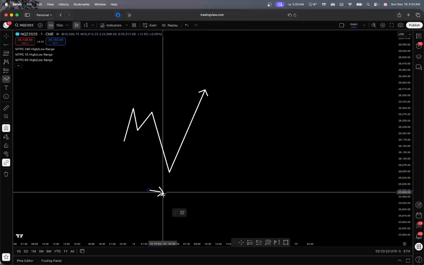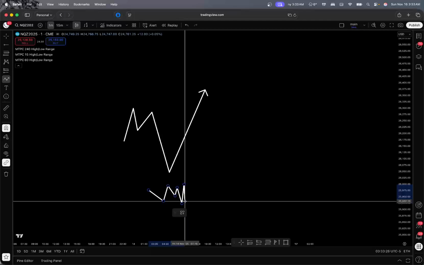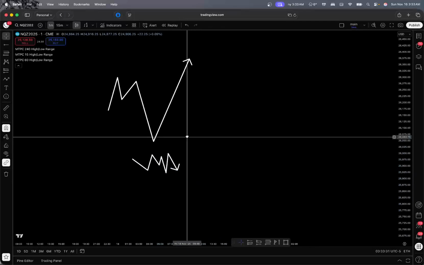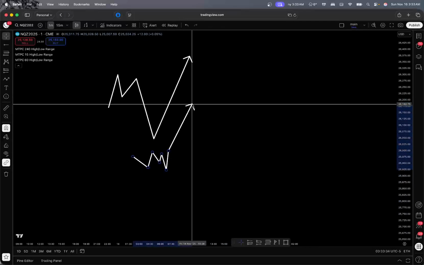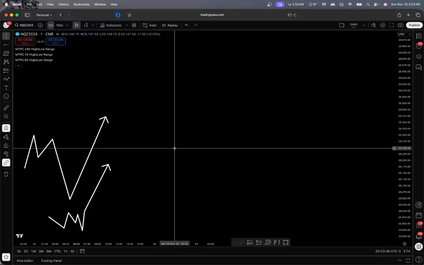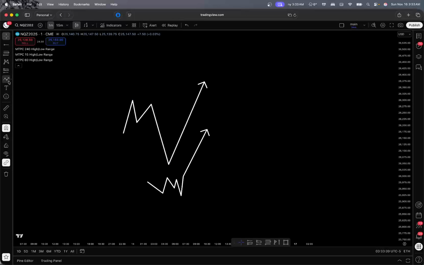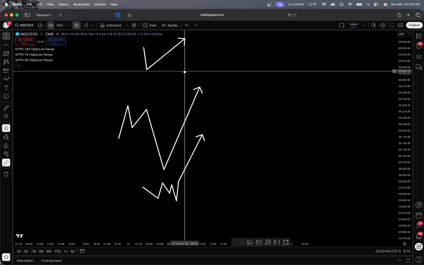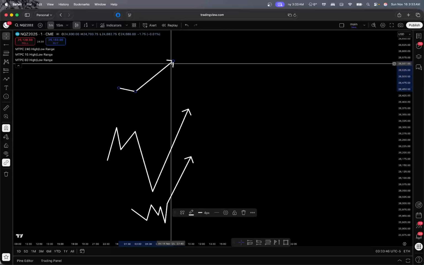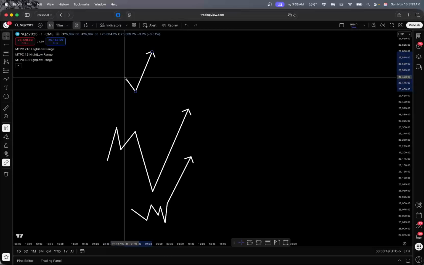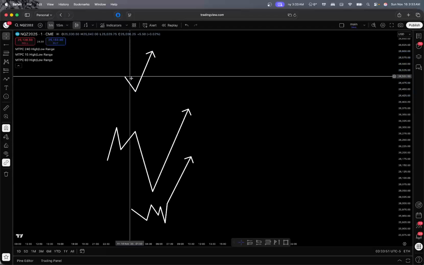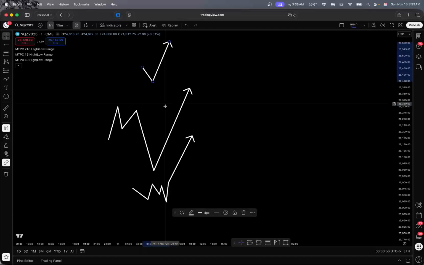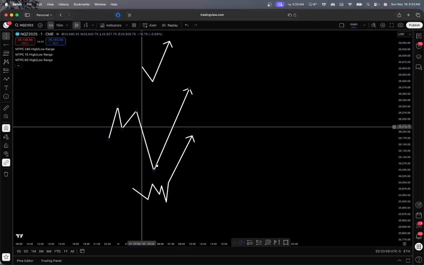We're finding the internal structure here to catch the move up, right? But at the same time, this is a macro structure of price just doing this, right? Or like this: accumulation, manipulation in this, and then distribution, media movement.